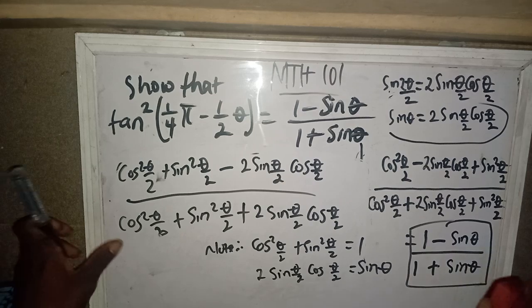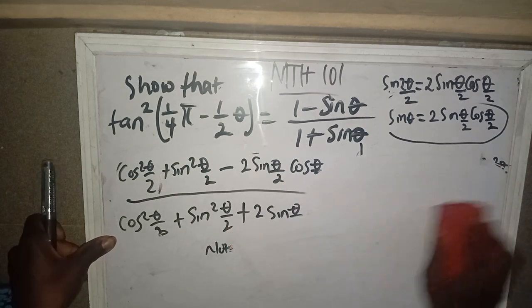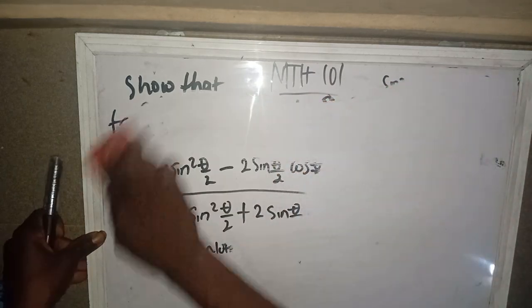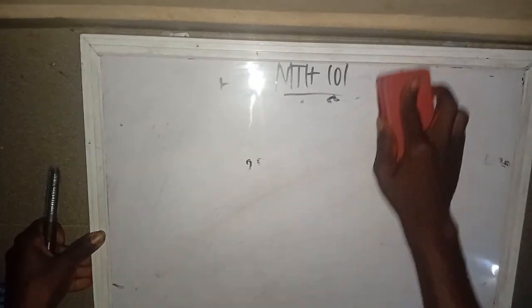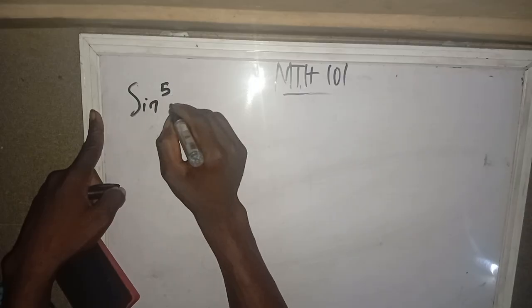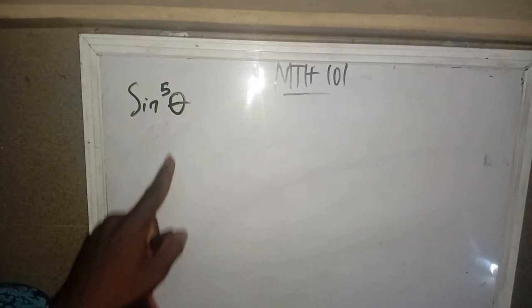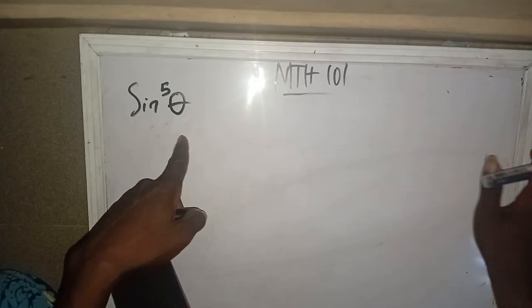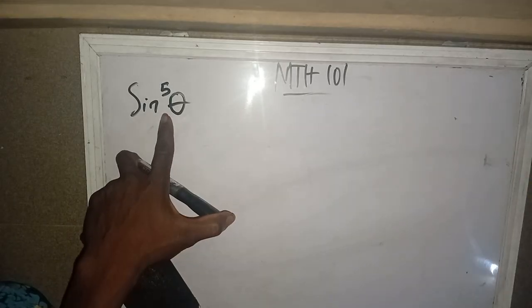Now let's move to the next question. So we want to use De Moivre's theorem. Like we want to break this sine with power of 5 theta to functions of sine and cosine as a product of multiple angles.